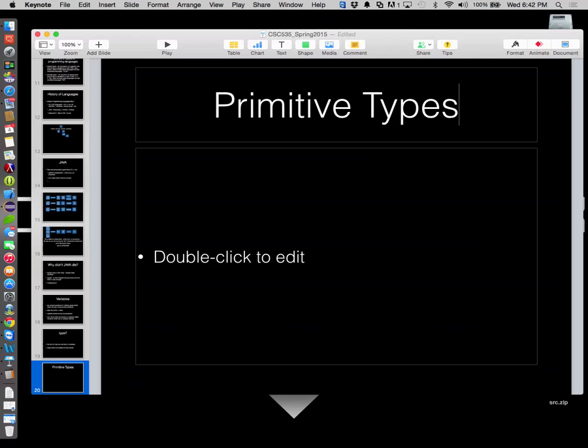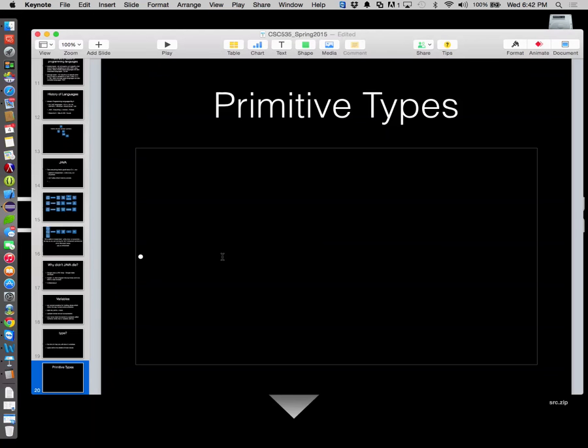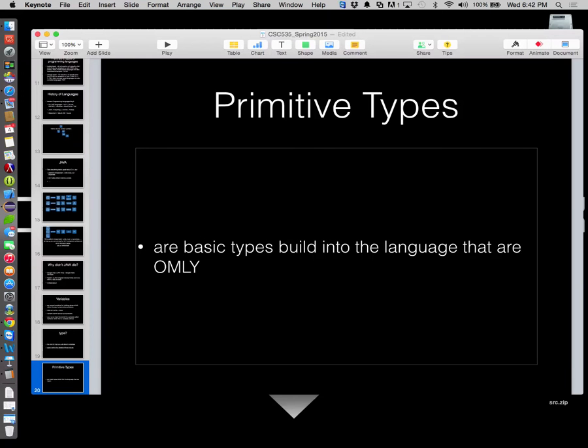Okay? The primitive types are basic types built into the language that are only capable of holding a value.